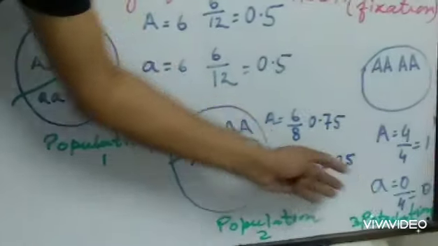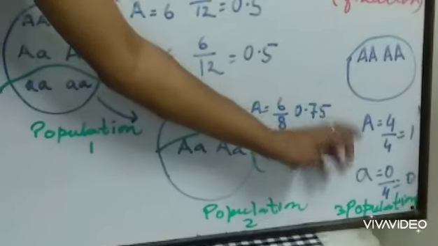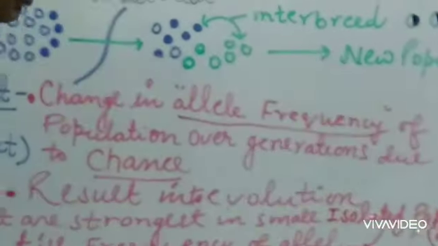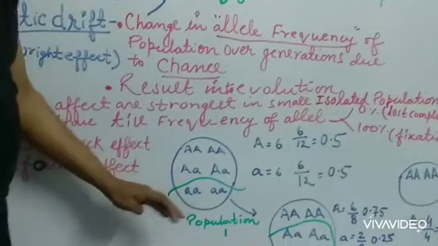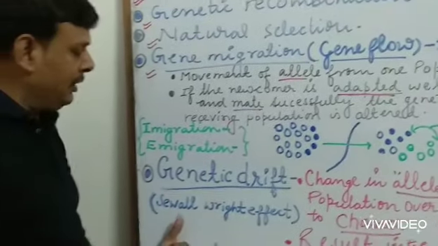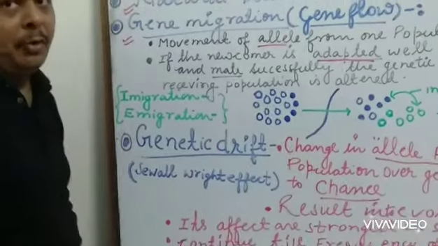Onwards, the same situation occurs, in which other members die, and the frequency of capital A becomes 1 and the frequency of small a remains 0. So this is genetic drift, which shows a change in gene frequency, and thus evolution occurs in a particular population. Genetic drift is a very important concept to show the evolutionary process, and it is better explained on the basis of the bottleneck effect and the founder effect.